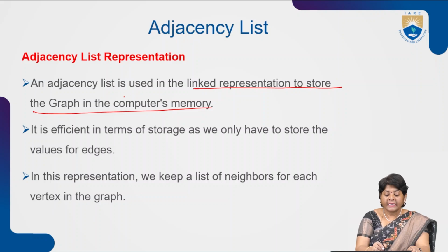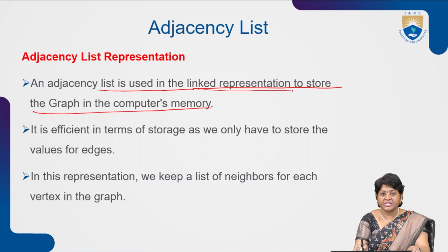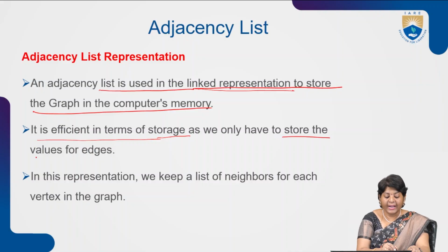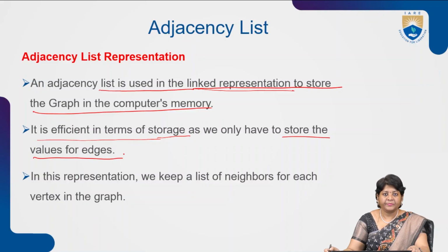So here, the adjacency list is used in the linked representation to store the graph in the computer's memory. It is efficient in terms of storage as well as to store the values for edges.